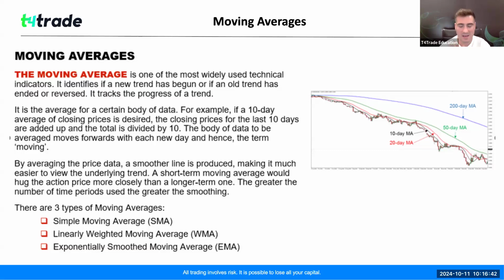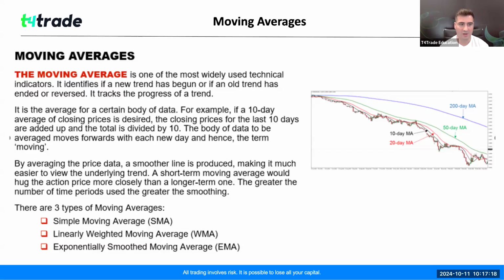By averaging this price data, you get a smooth line, which makes the visual experience of keeping track of where the market is headed much easier. That's the whole purpose. So you use moving averages to confirm that the market is headed either upside, downside, or sideways, not where it's going to head in the future.